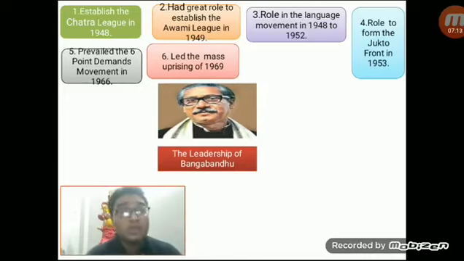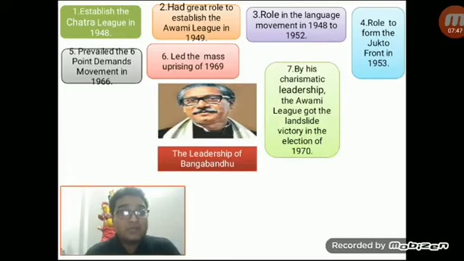The all-out movement happened in 1969 for the resignation of the autocratic president Ayub Khan, and in this movement, Bangabandhu Sheikh Mujibur Rahman played a great role. By this movement, Ayub Khan had to resign from his office.